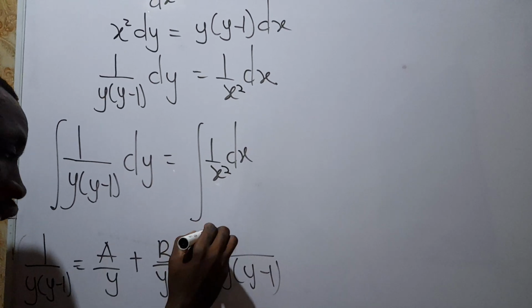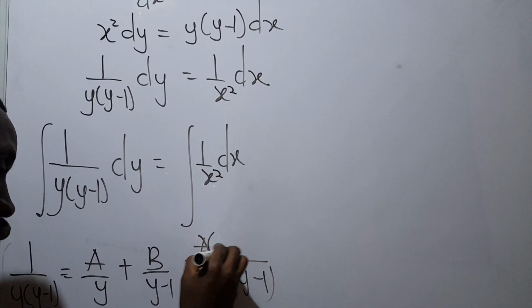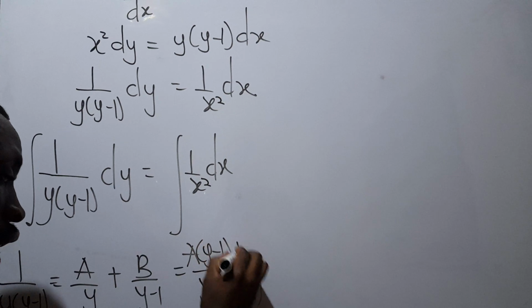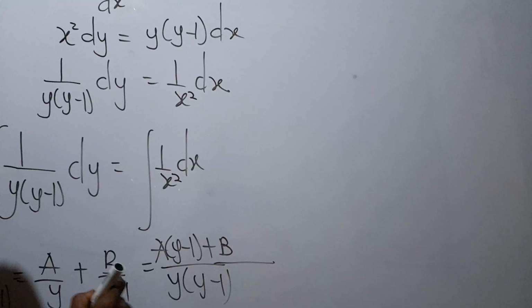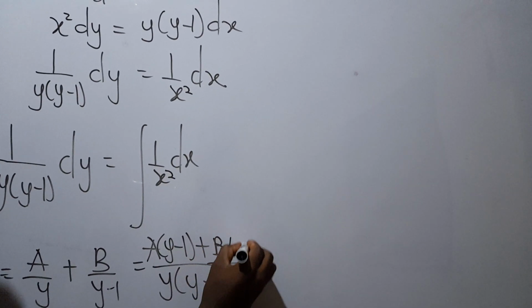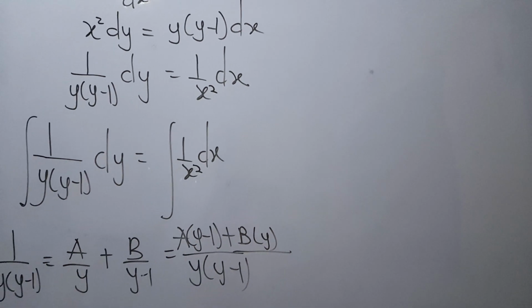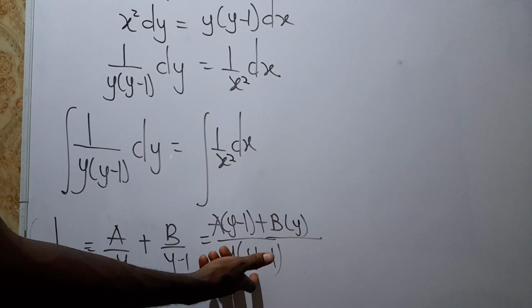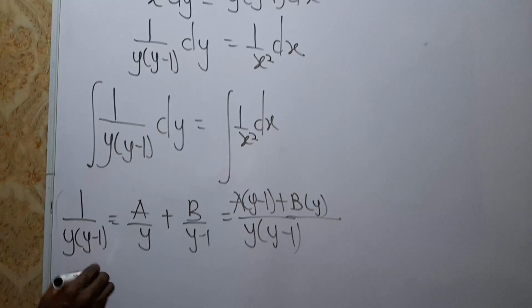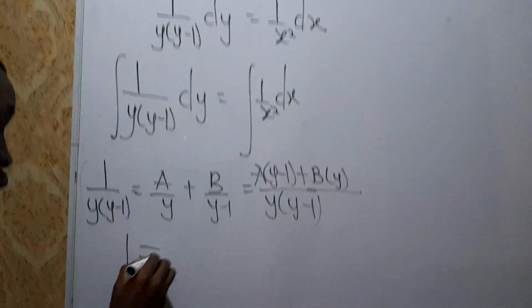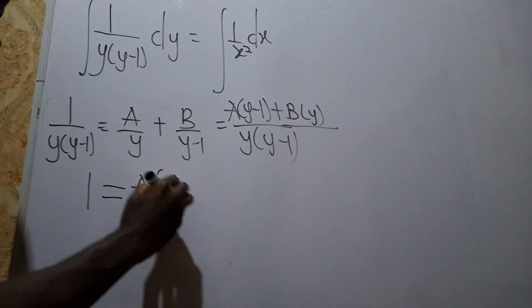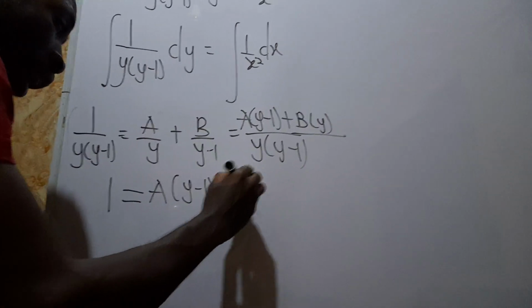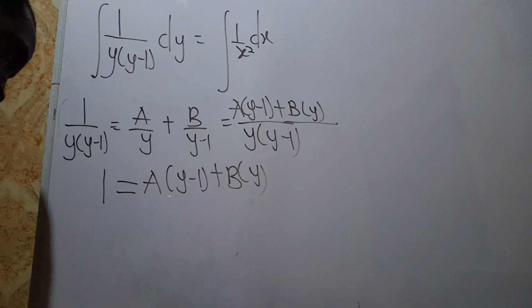When we divide this by y, we're left with y minus 1, so it will multiply the a, then plus b. When we divide this, we'll be left with y, so it will multiply the b. So now the denominator here is the same as this one. So we equate the numerator. So 1 will be equal to a bracket y minus 1 plus b bracket y.